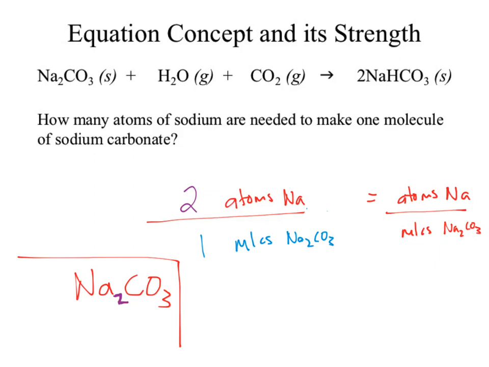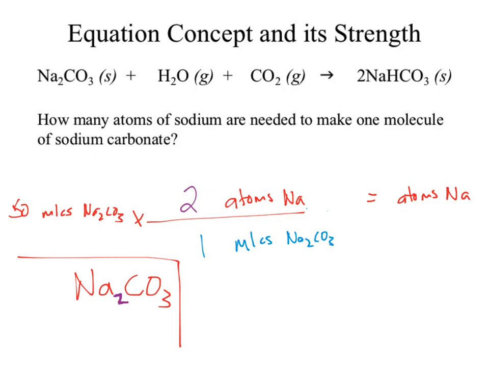So, if you were asked something about it on an exam, I could ask you to convert to atoms of sodium from molecules of sodium carbonate. I want to know how many atoms of sodium are in 50 molecules of sodium carbonate. What do you have to do?